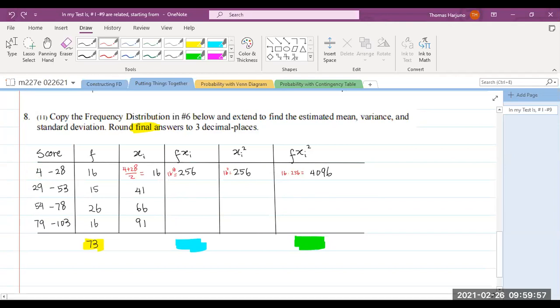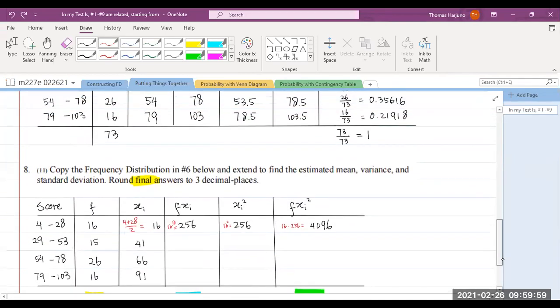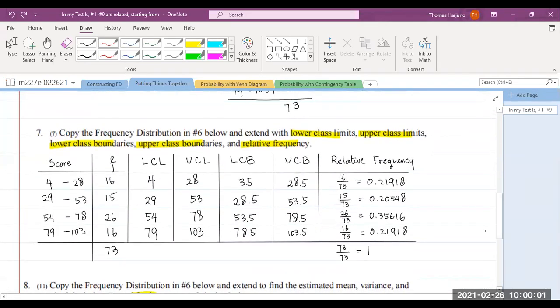Oh, by the way, I forgot to mention one very important thing. Remember I told you about the class width? It should be 53.5. In our textbook, they call the class width the difference between consecutive lower class limits.